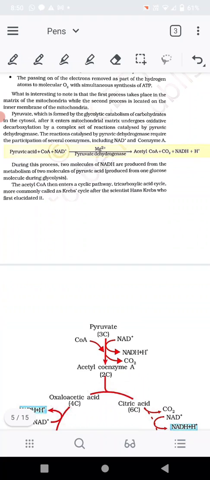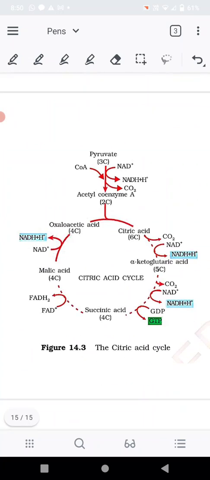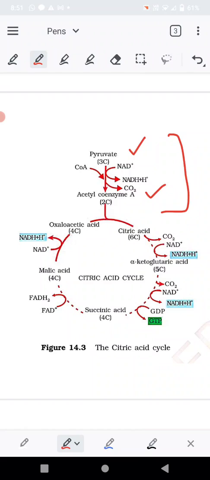The pyruvate, which is a 3 carbon compound, is converted into acetyl CoA first, and during this reaction there is formation of NADH and carbon dioxide gas is released.